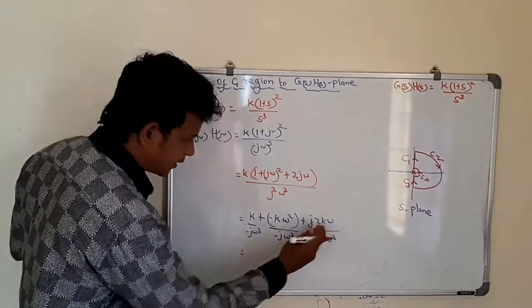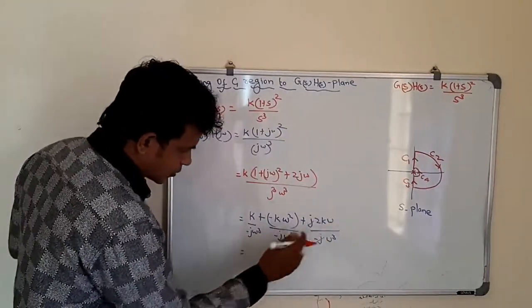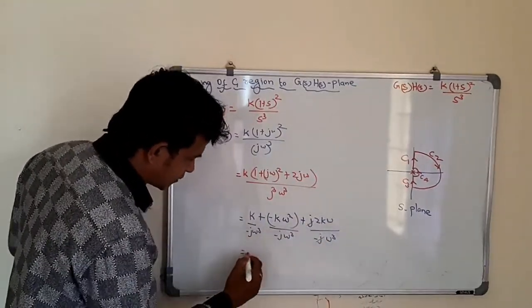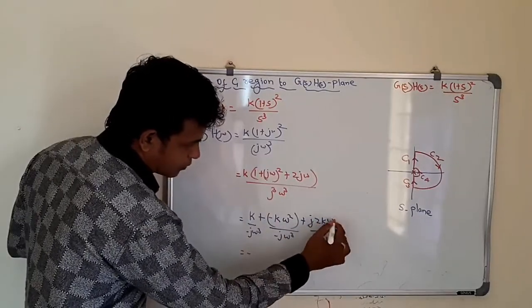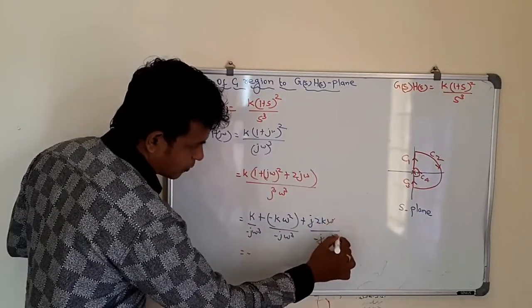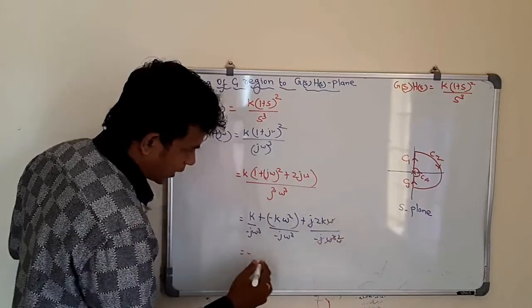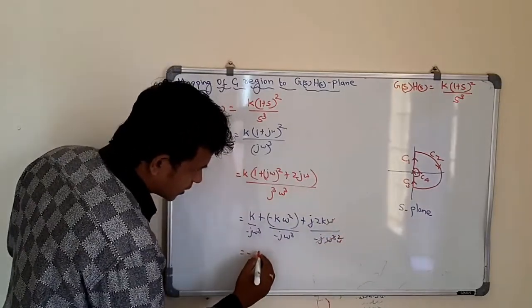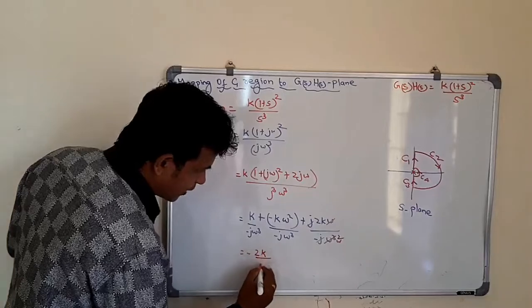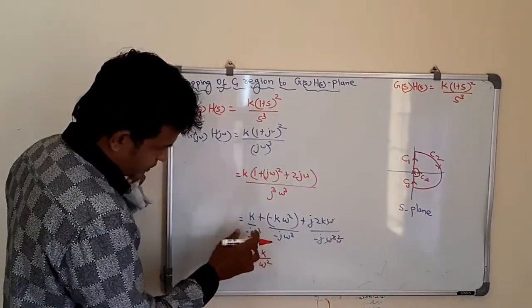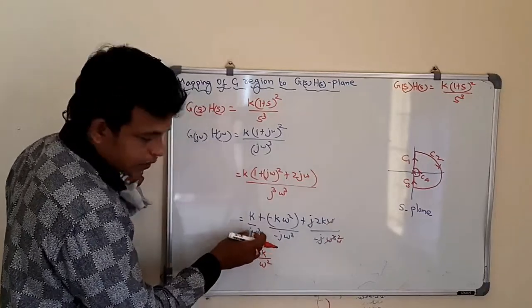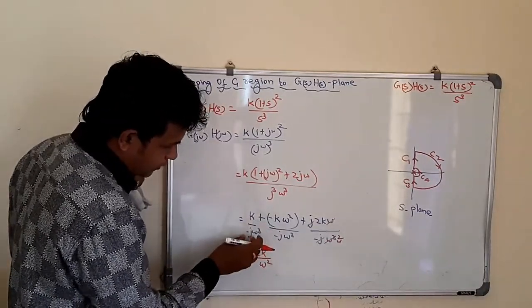First I am writing the real terms. Positive divided by negative is negative, and 2k omega divided by omega cube, this omega and omega cube get cancelled and we have omega square. So the real term is 2k divided by omega square, and here I am taking this minus j to the numerator, so it becomes plus j.